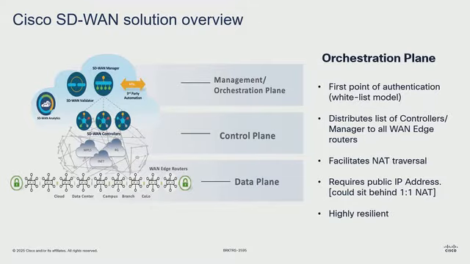Along with authentication, it also plays a major role during NAT traversals. Because in the world of SD-WAN, these C-edges might be sitting behind a NAT device itself, but they don't know that. When they reach out for the first time, the validator is the guy who's going to tell them, oh, you know what? I'm seeing a different public IP, a different public port.